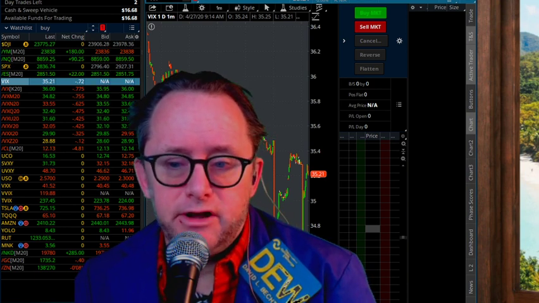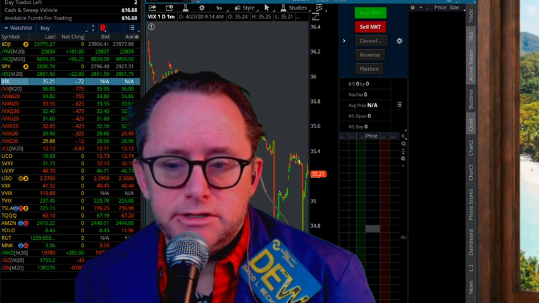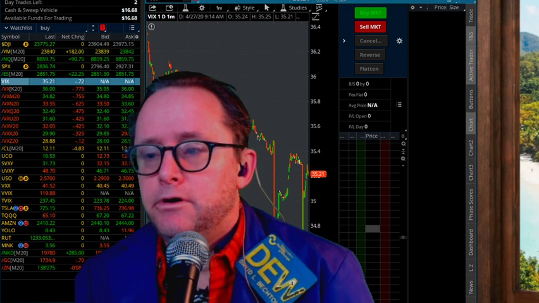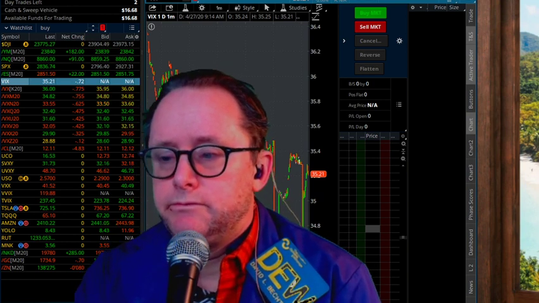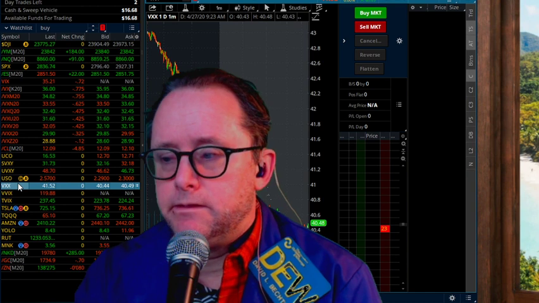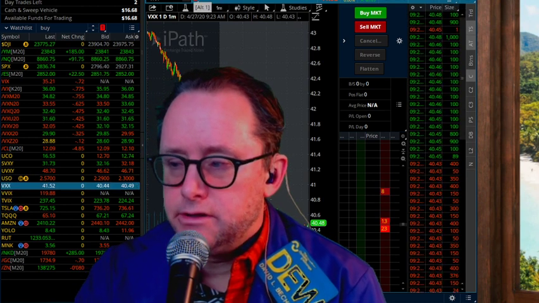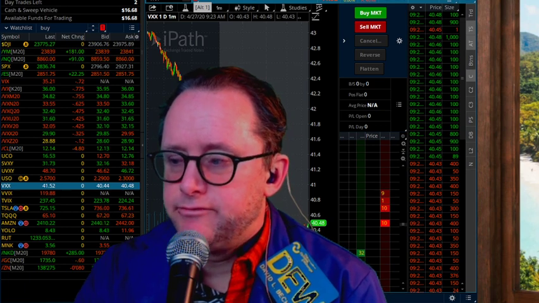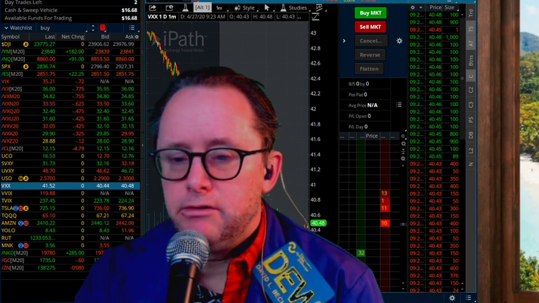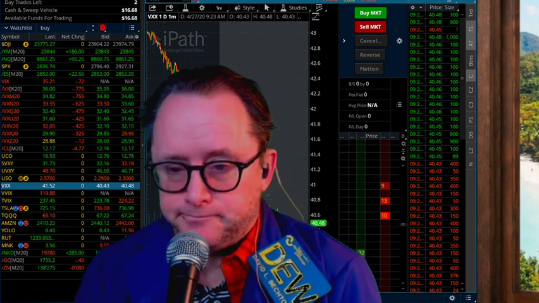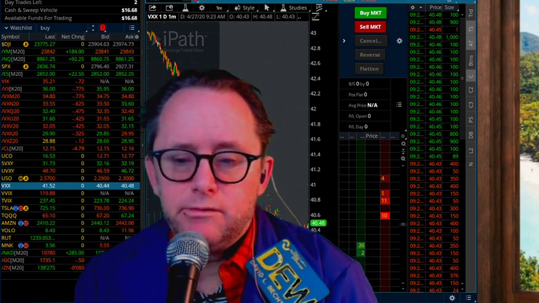I'm looking at selling some 5-point wide VXX call spreads expiring Friday. I think that obviously, with VXX at 40 and a half right now, if you're looking at selling the 45-50 spread, obviously the odds are with you.